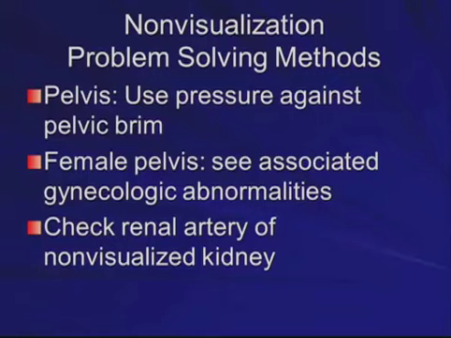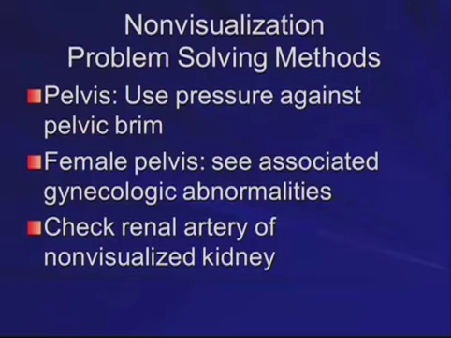Well, as you're doing your problem solving and looking for kidneys that are in locations other than in the upper quadrants, the pelvis is probably the first place to look. And when you're looking in the pelvis, it's important to put a lot of pressure against the pelvic brim. When you do this, you can generally push away any air and see a kidney against the pelvic brim.